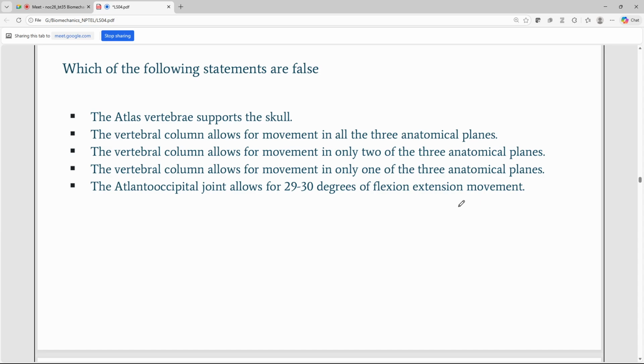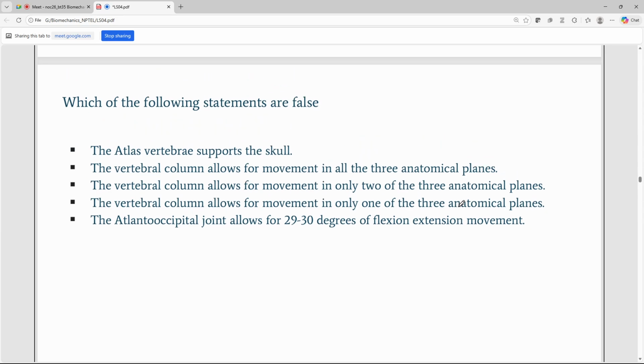Moving on to the next question. Which of the following statements are false? Options are: first one, atlas vertebra supports the skull. Second one, the vertebral column allows for movement in all three anatomical planes.